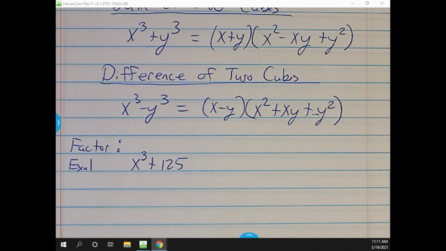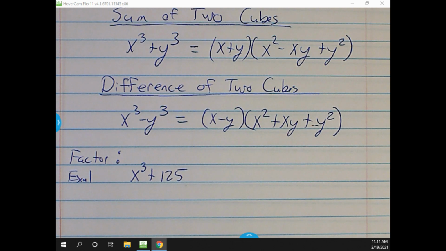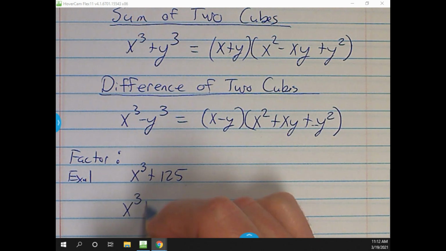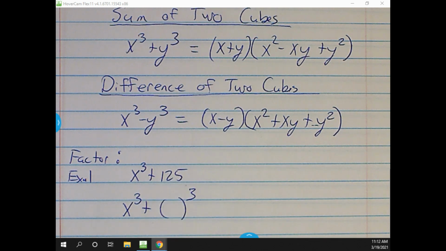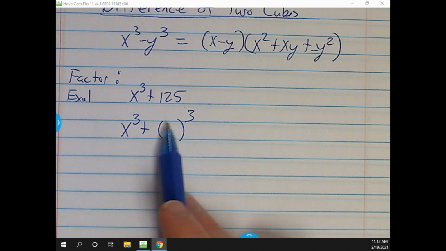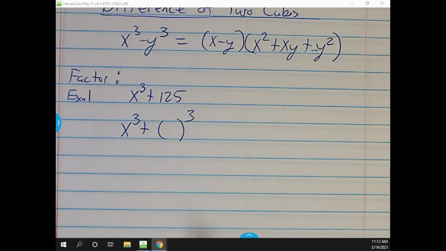So we'll start off with x to the third plus 125. We'll start with a sum of two cubes. The first thing you've got to do is take whatever number they give you and rewrite it. So you've got to figure out, okay, what cubed is 125?